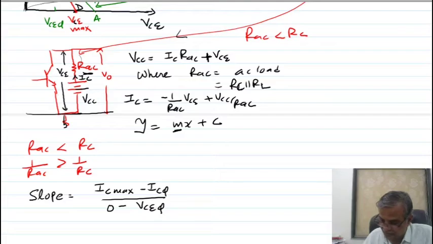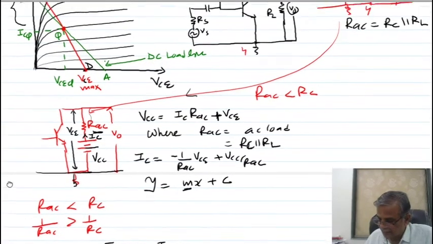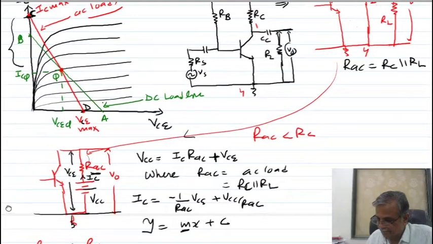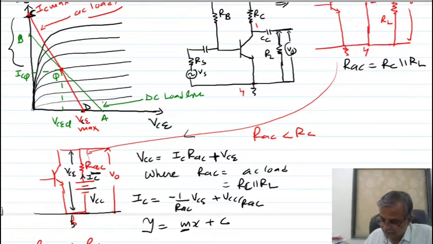You can understand, look here. This value upon this value. So I can show you the slope if you don't understand. Slope is equal to IC maximum minus ICQ upon 0 minus VCQ.